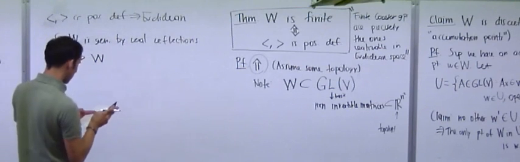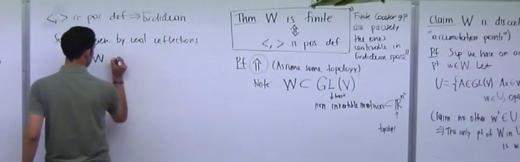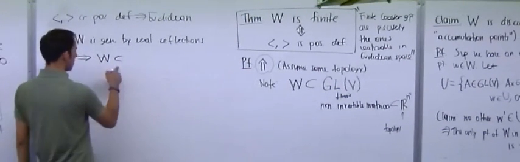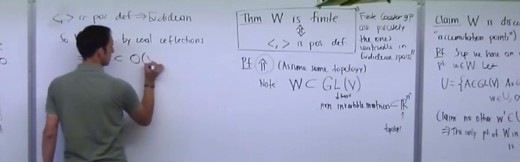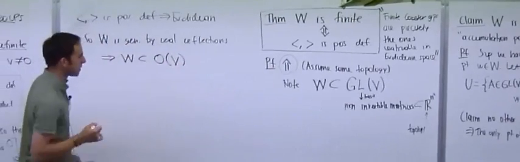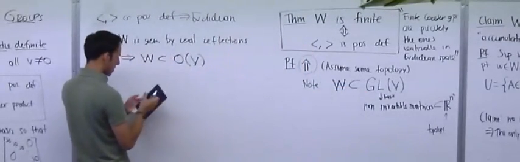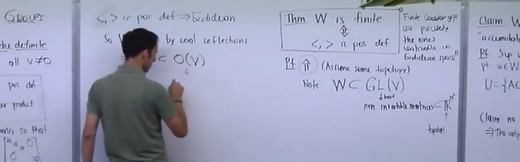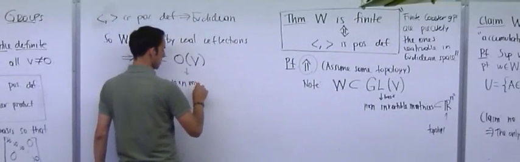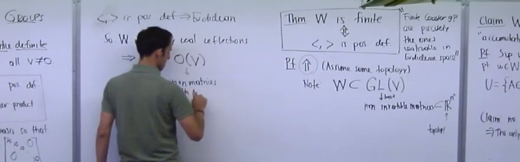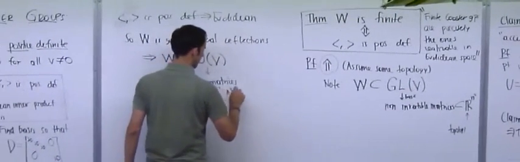What that means is that this is actually a subgroup not just of the invertible transformations, but of the orthogonal transformations. So what is this? Well, this is the n by n matrices with A inverse equals A transpose.